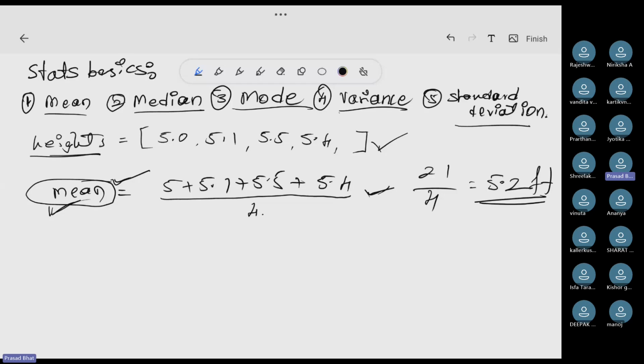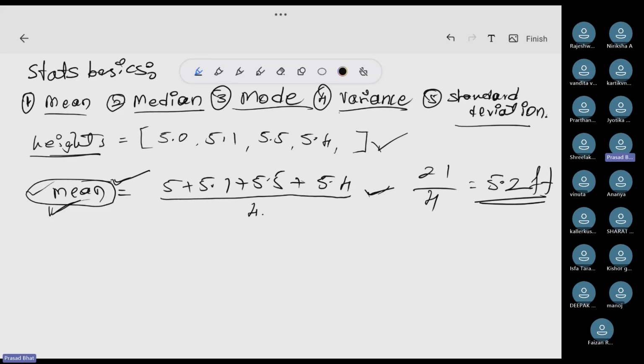However, one problem with this approach of taking the mean value is that if you have one single value that is totally out of the range of these values, say, for example, a person with a height of 8 feet, right? Now, what about the mean?